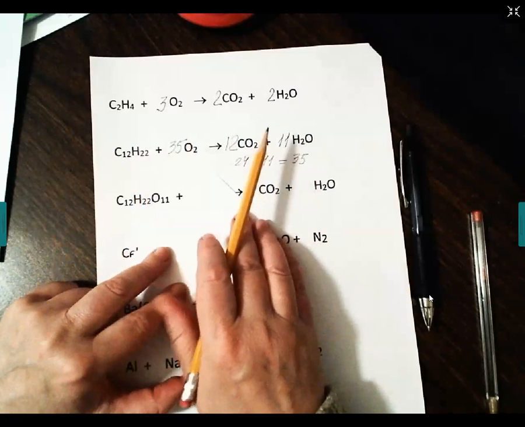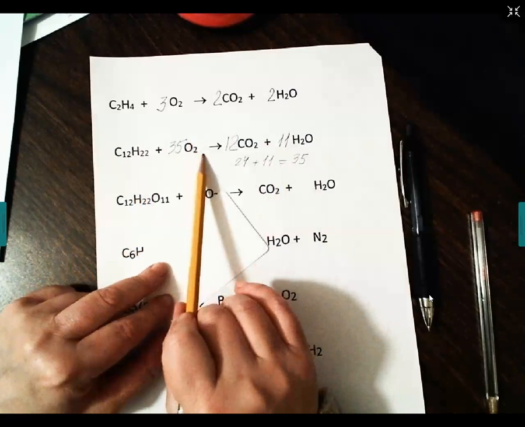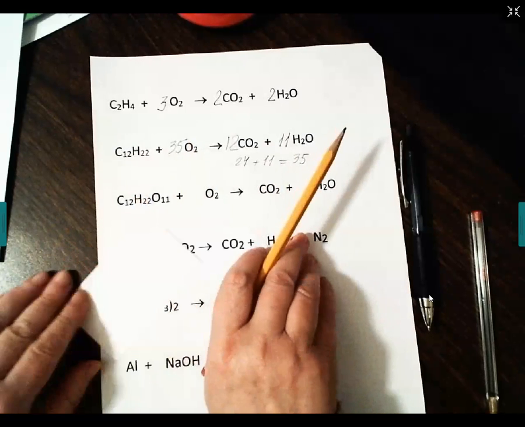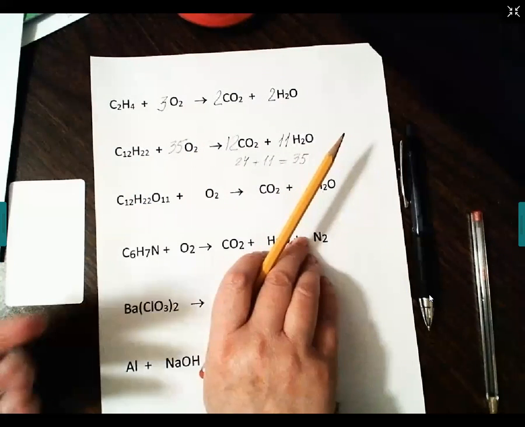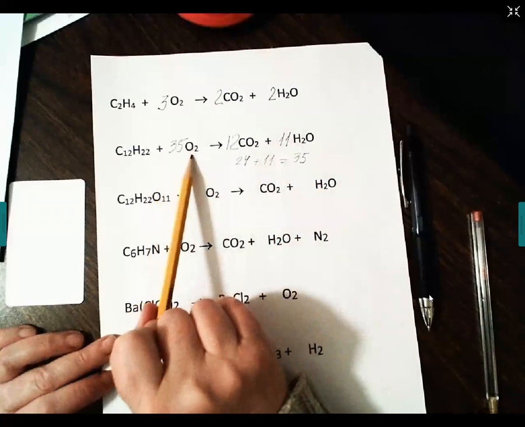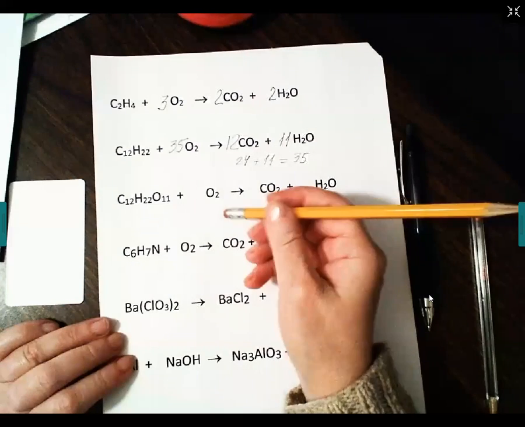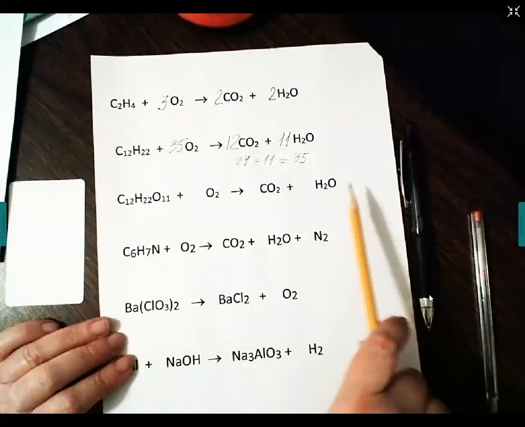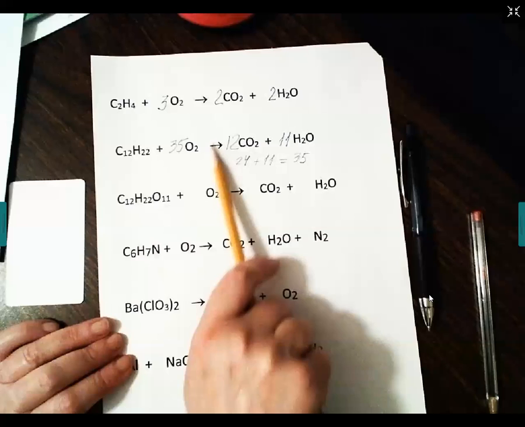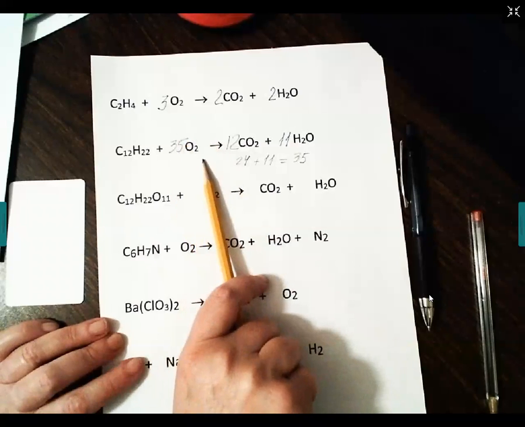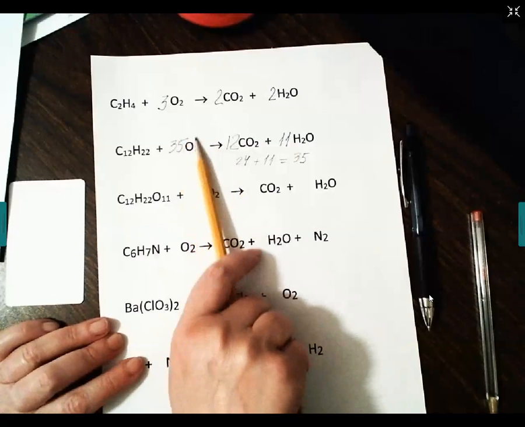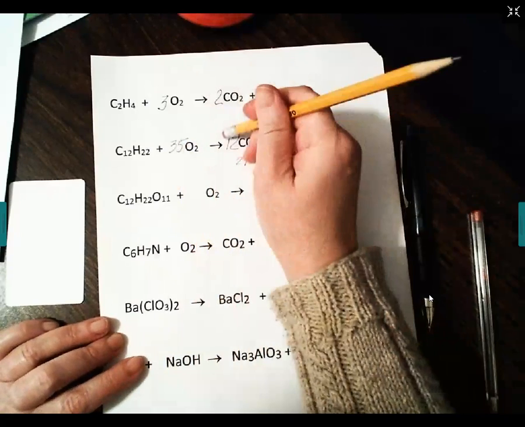But we cannot forget about these 2. So when I open these 2, it's the same like I multiplied the number of oxygen atoms by 2. So I should multiply all other coefficients by 2 except the coefficient in front of oxygen, because this one I already multiplied.